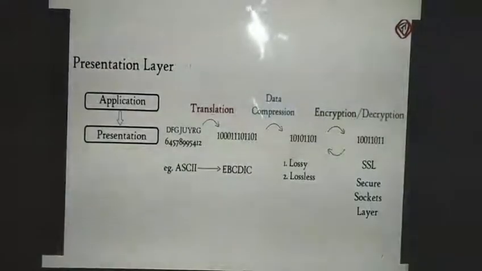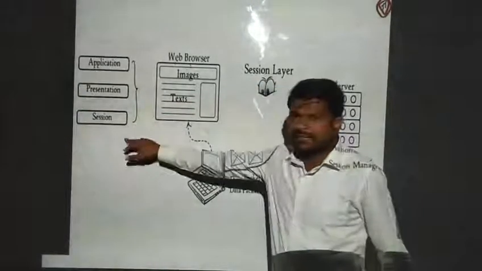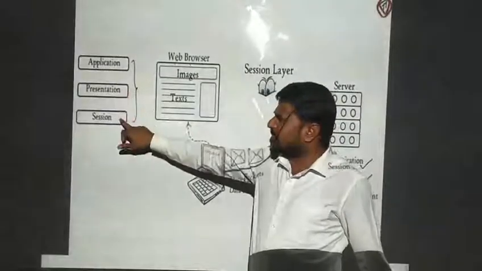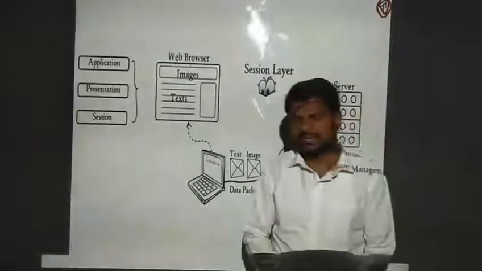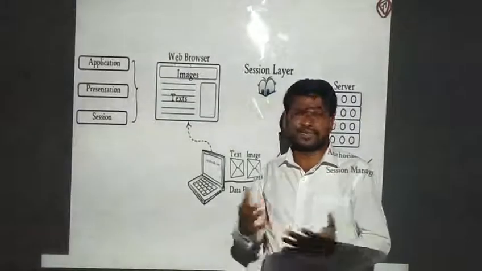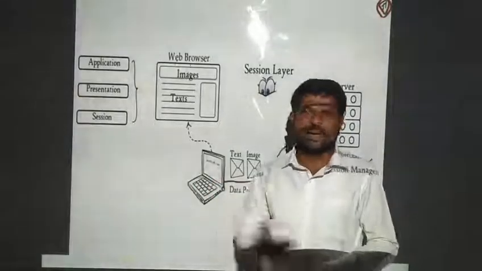And the next, the third layer, is the session layer. In the session layer, the data from the presentation layer will be forwarded to the session layer. Session layer means what? If you are having any function, how will you arrange everything? Like catering and seating arrangement.